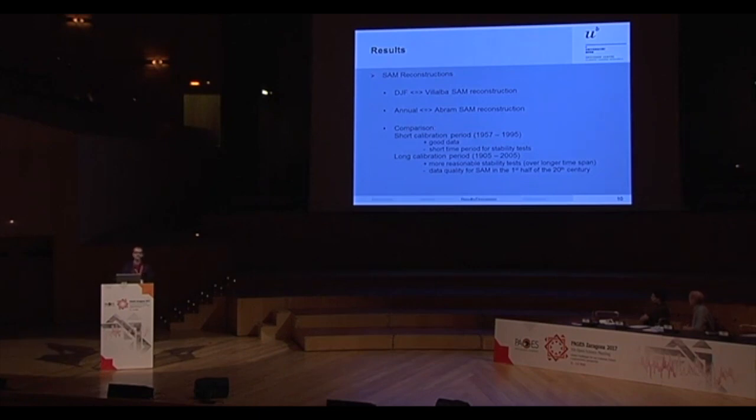I will present a few reconstructions for DJF, comparing to Villalba's, then a few results for the annual SAM index, comparing to Nerli's reconstructions. Then I will also do a comparison where we do reconstructions using a short and a longer calibration period, with the advantage of the short one having better data and the advantage of the long calibration period having a more reasonable time interval for our stability tests.